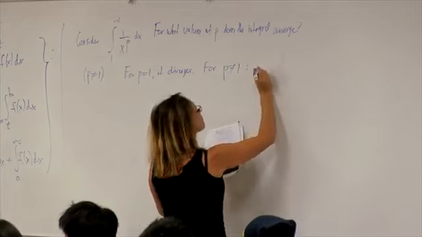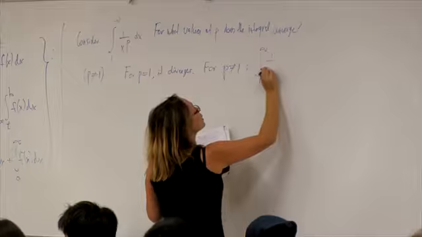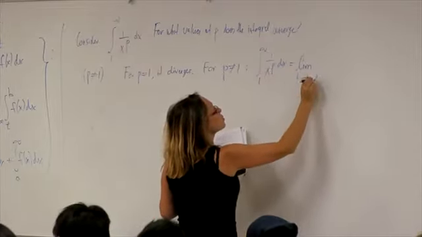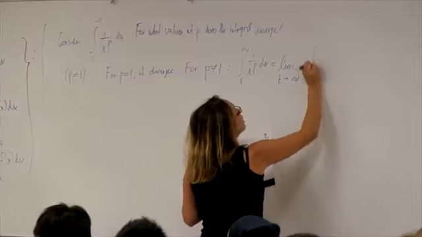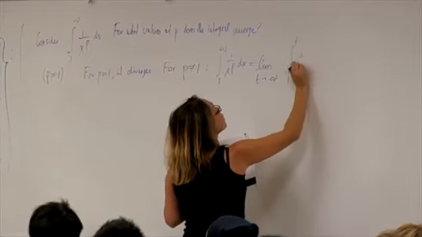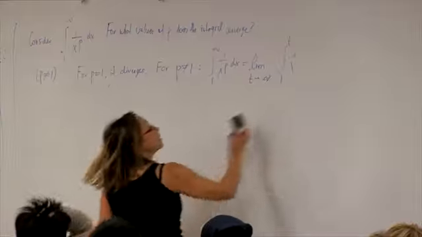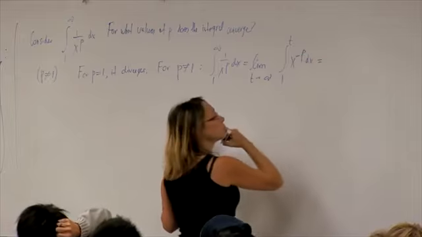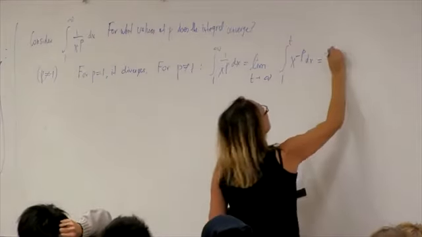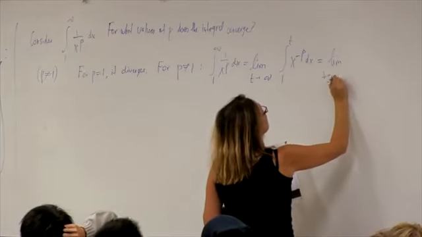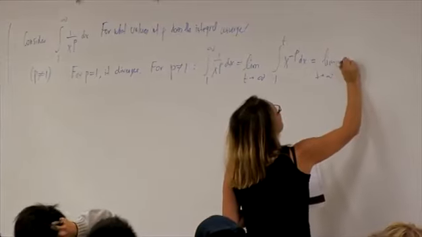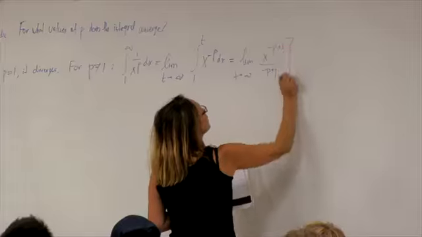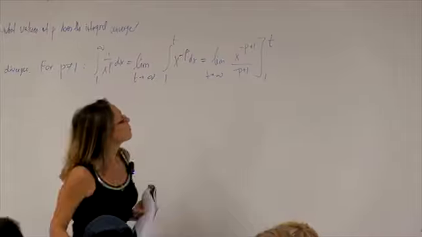We have the limit. So the integral of 1 over x to the p dx is equal to the limit as t goes to infinity of the integral from 1 to t of x to the minus p dx. So we can take the antiderivative, x to the minus p plus 1 over minus p plus 1, evaluated at 1 and t.